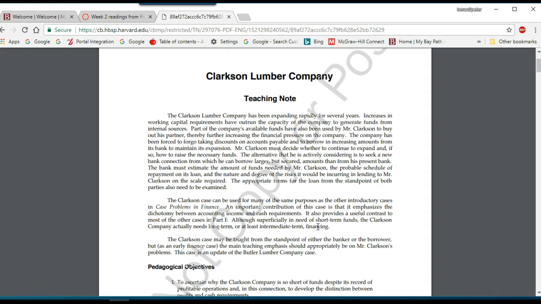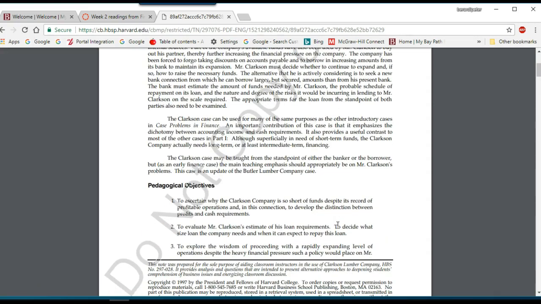Whether you come up with X or Y as far as how much money Clarkson needs is not really what this is about. So to give you some tips, one, the company does need more external financing.